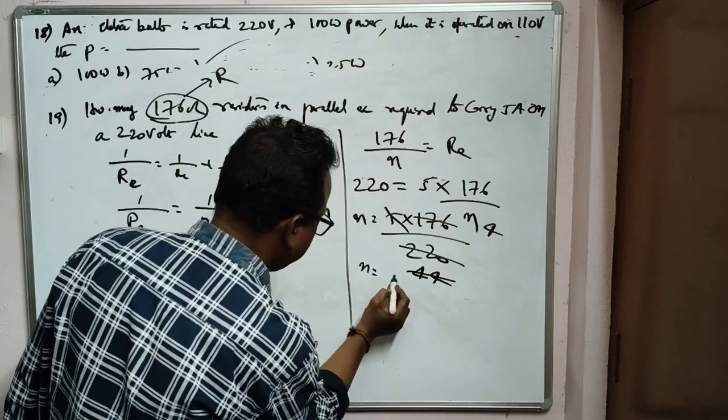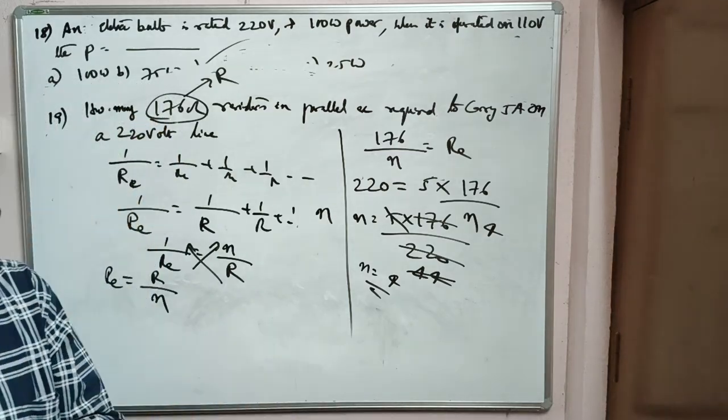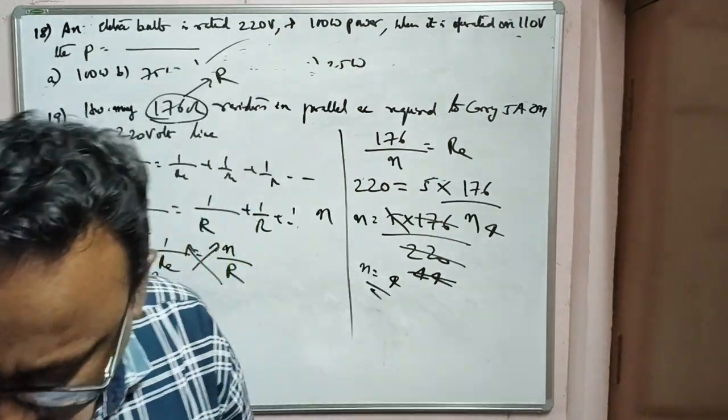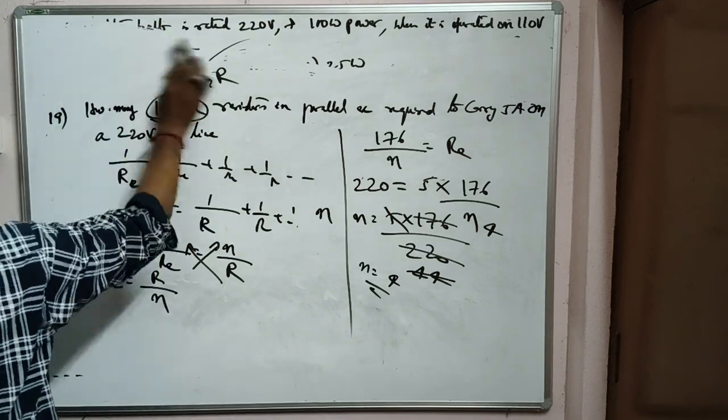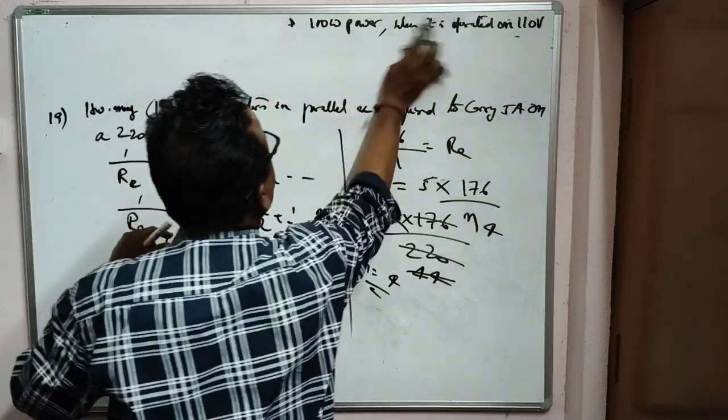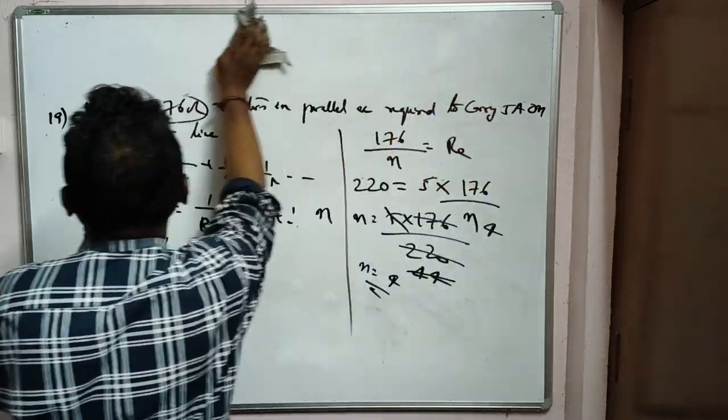So N is equal to 4. So 4 resistors are required to connect in parallel. Please note down, very, very important one. It's a regular question asked.